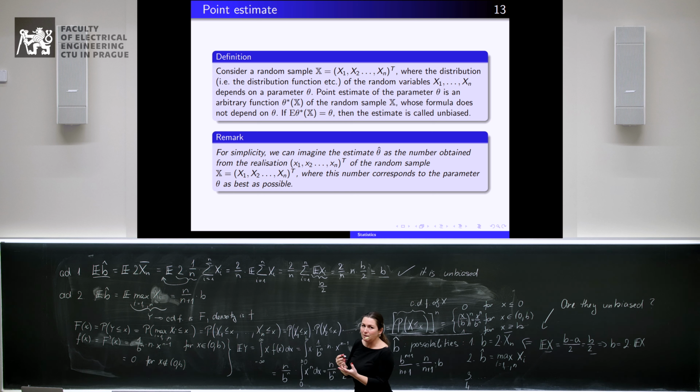The heuristical imagination of this situation is such that we have the interval from 0 to b, and we can imagine our n observations, which are uniformly distributed in this interval, like n equidistant intervals, where in each interval we have one observation.